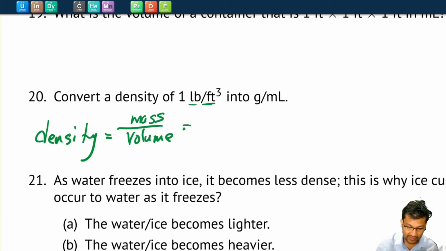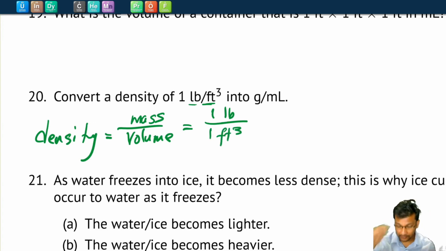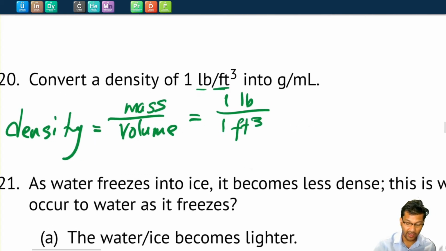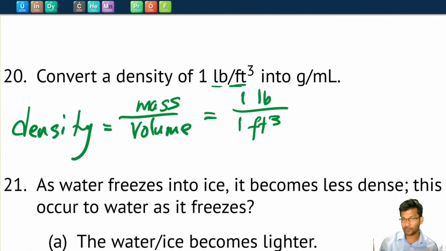In this case, they measured mass using units of pounds, and volume using units of feet cubed. So we want to convert 1 pound per cubic feet into grams per milliliters, which is more commonly used in chemistry. Pause the video here, try to work this one out on your own using the conversions that you already know, and then unpause and we can go over it together.